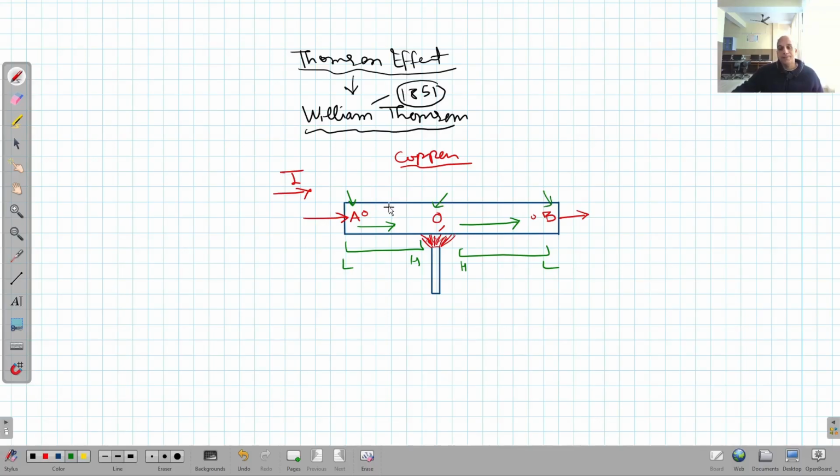It means that between these two points there will obviously be a potential difference, and here also there will be a potential difference. So the current, going from one end to another end, is passing through different gaps of potential.